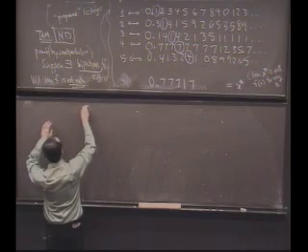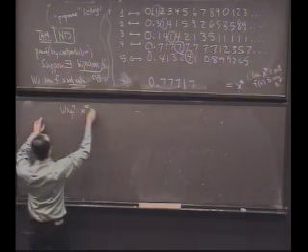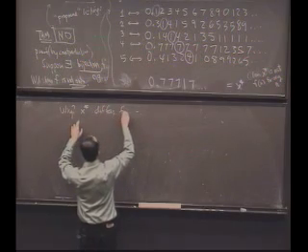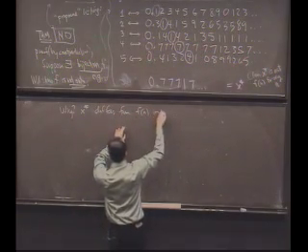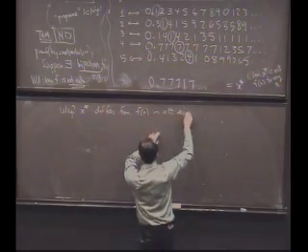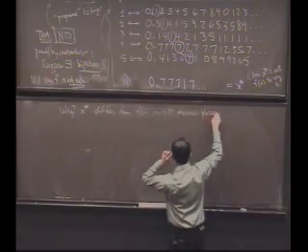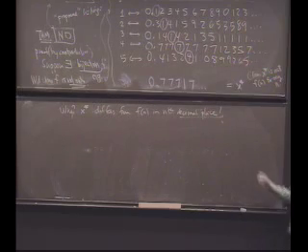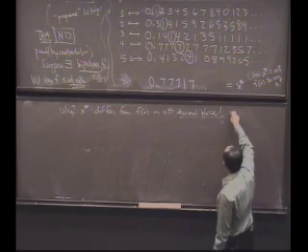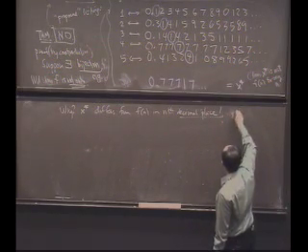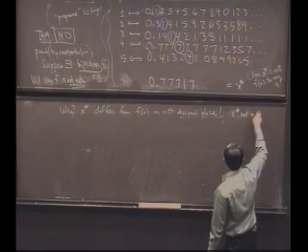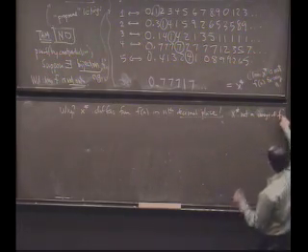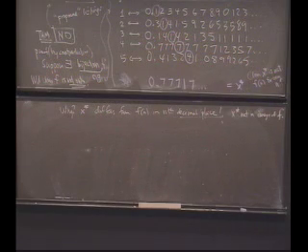Notice that x star differs from f_n in the nth decimal place. So it's not on the list. So it's not in the image. So x star is not in the image of f. Done. End of proof.